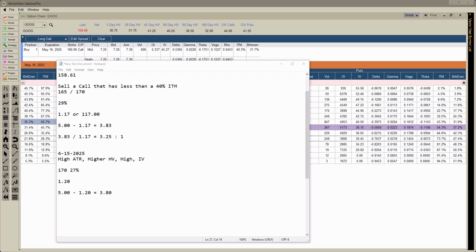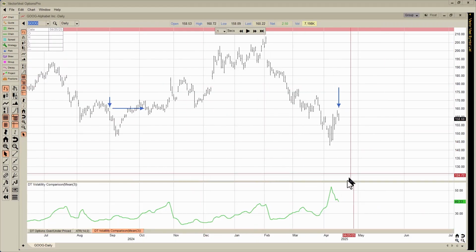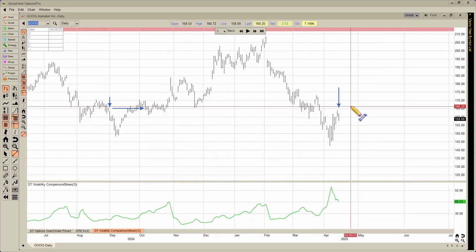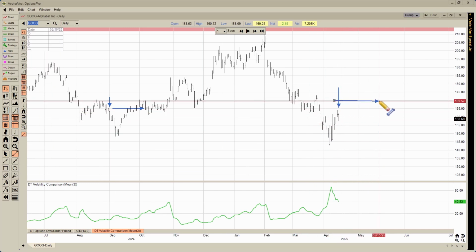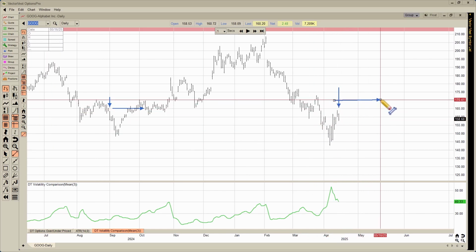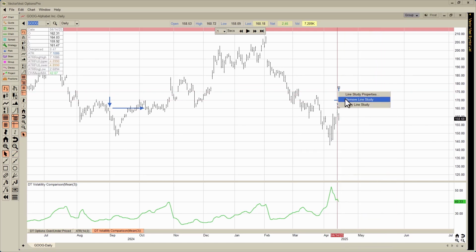If the stock is still at 158.60 and we're selling a 170 call, now we're increasing that to about 7% difference. Looking at the graph, you can kind of see 170 is taking you all the way up here. You're getting slightly better risk reward for that trade, and you're getting a lot more room to play.